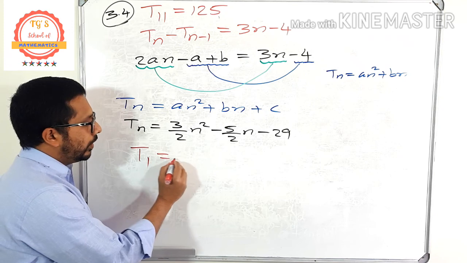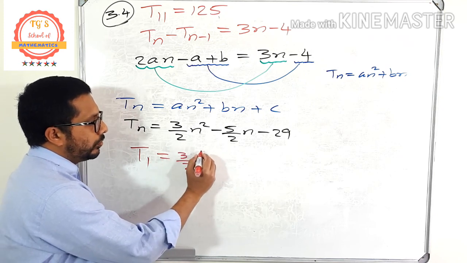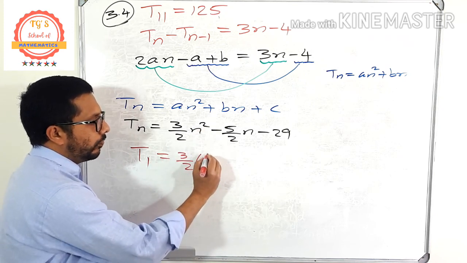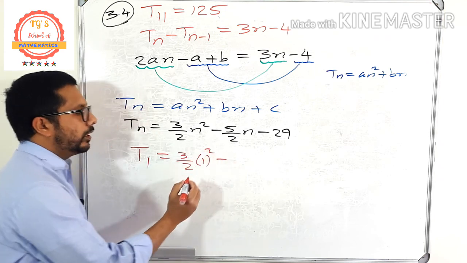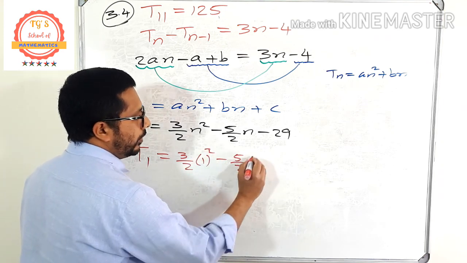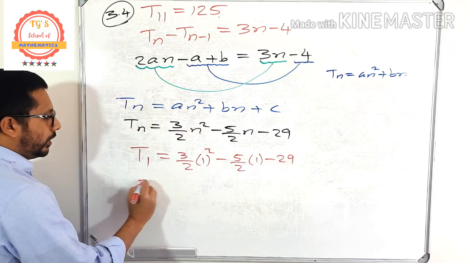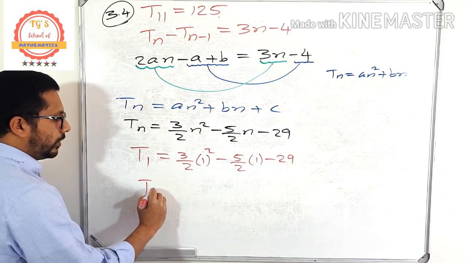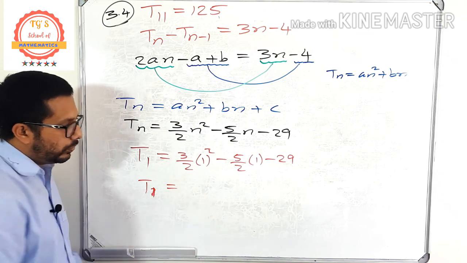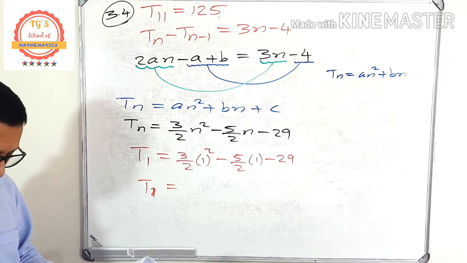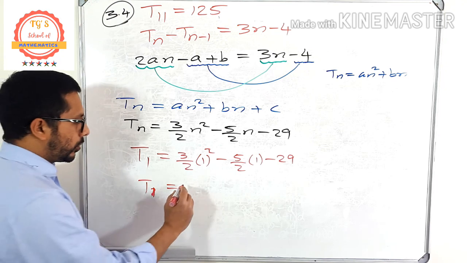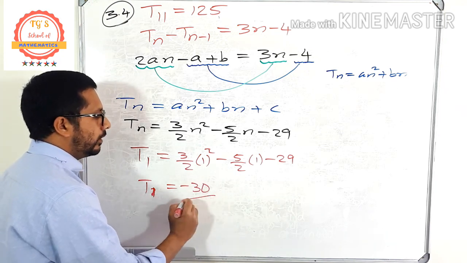So T1 is equal to 3 over 2 into 1 square, minus 5 over 2 into 1, minus 29. Check in your calculator what is the answer for T1. You are supposed to get minus 30.